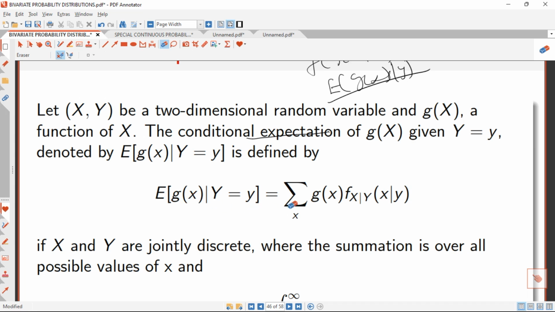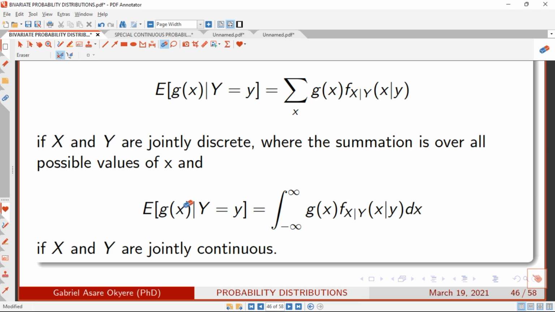That's the reason we are only summing on x. And then we multiply g(x), a function of x, by the conditional probability of x given y, to find our conditional expectation. I hope this is clear.